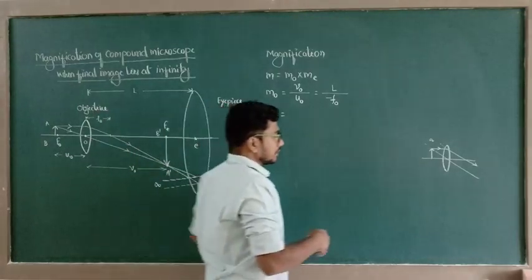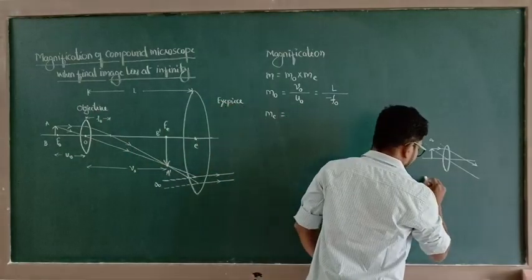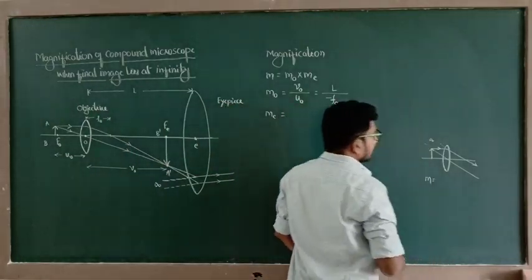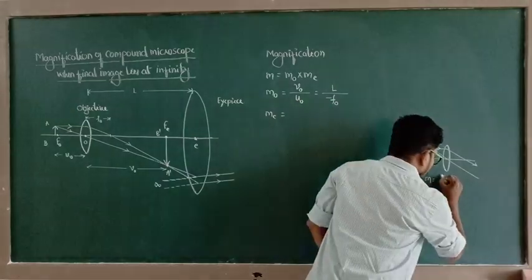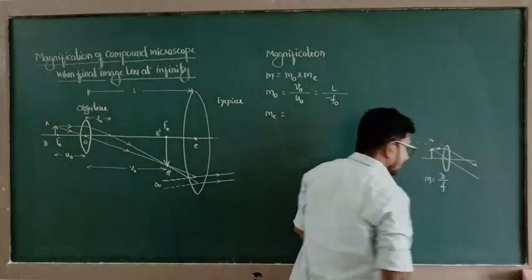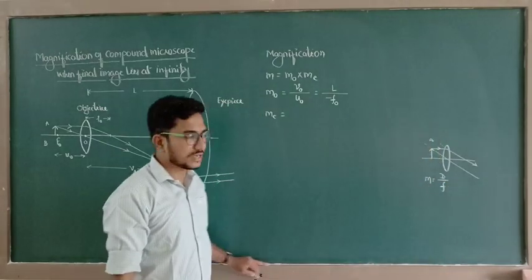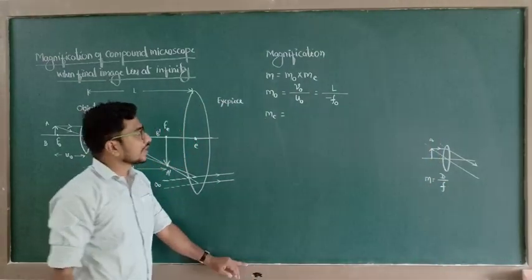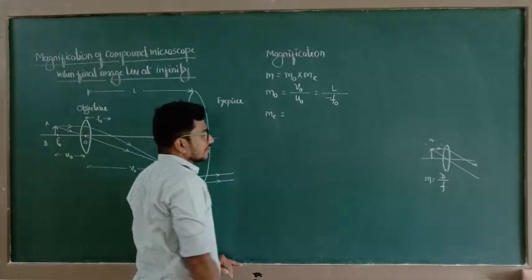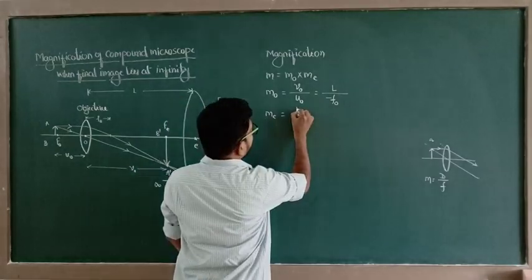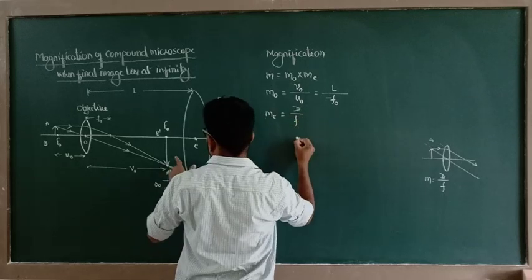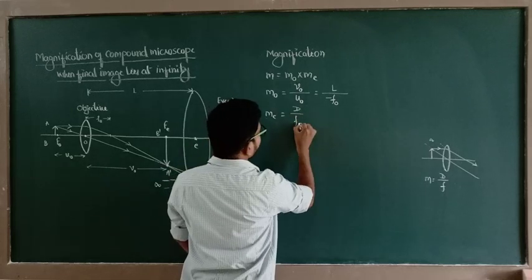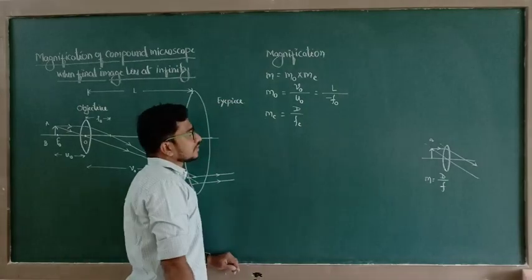We know the expression for magnification in the case of a simple microscope when the final image lies at infinity is D divided by F. Last class we derived that expression. Then the magnification of the eyepiece is equal to D divided by the focal length of the eyepiece.